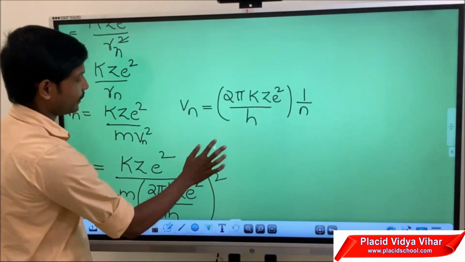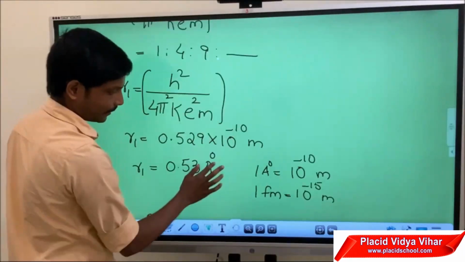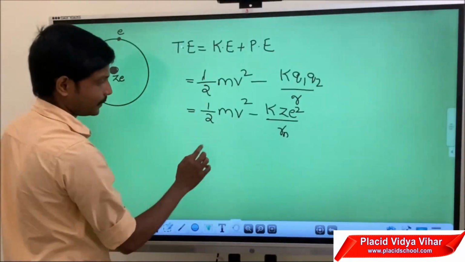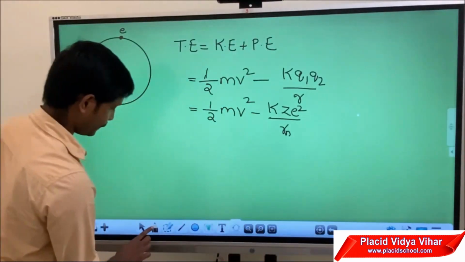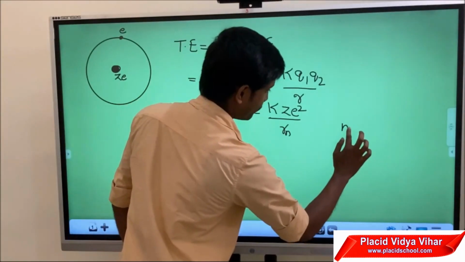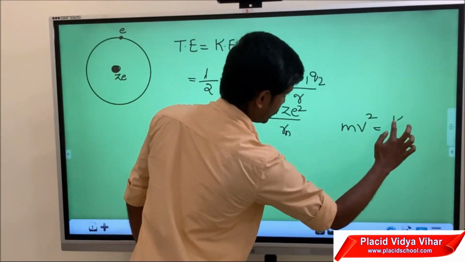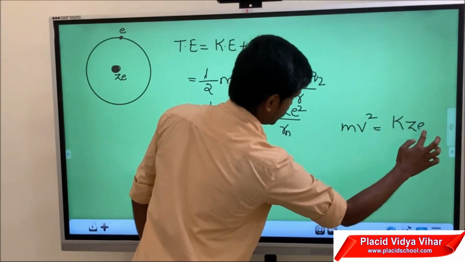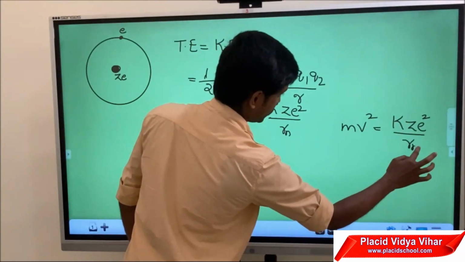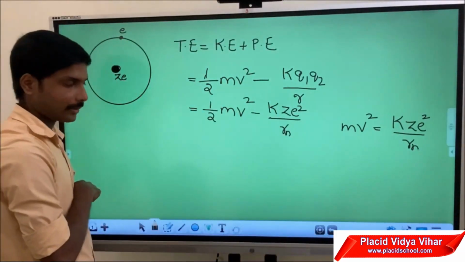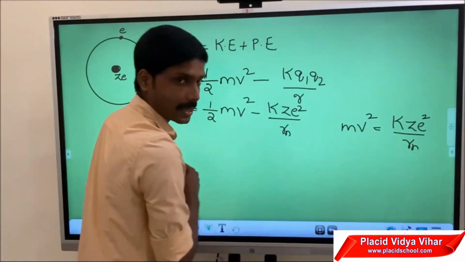So this value can be replaced in this equation. Replace mv square with k z e square by r n.